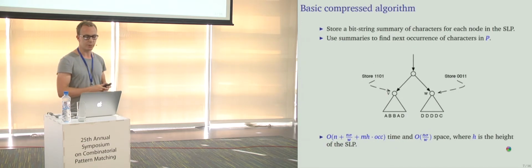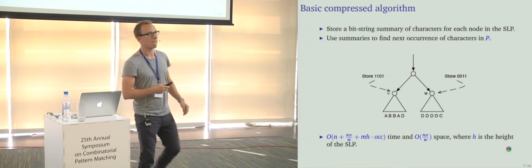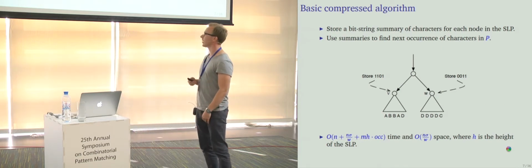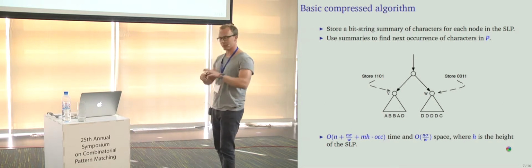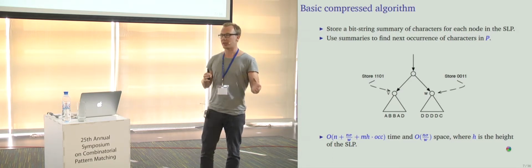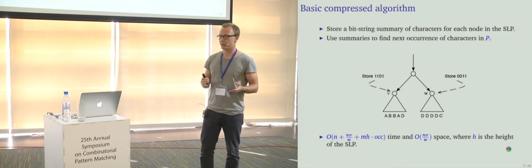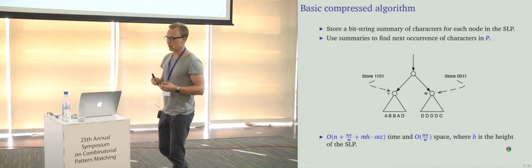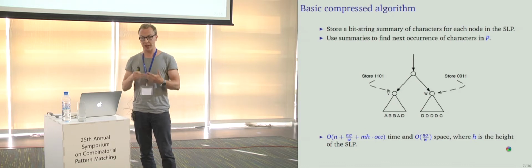So this idea we want to adopt to grammar compressed strings. And again, it's fairly straightforward. What we do for each node is that we store a bit string that is a summary of the characters in the string generated by the node.